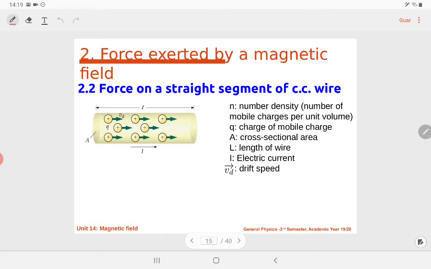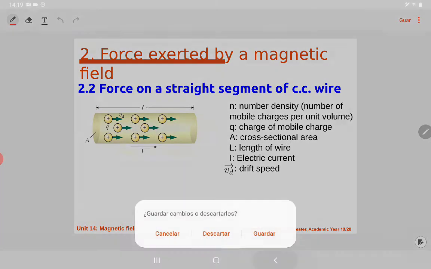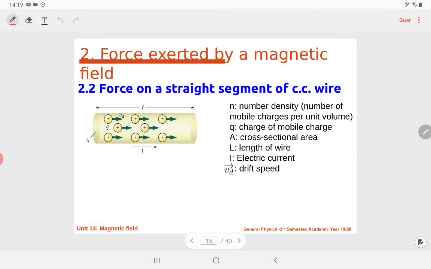We have to go back to Unit 13 and imagine that an electric current is really just a set of mobile charges moving through this wire. In this figure, I present a piece of straight segment with length L and cross-sectional area A.